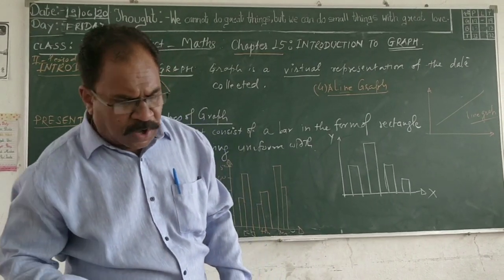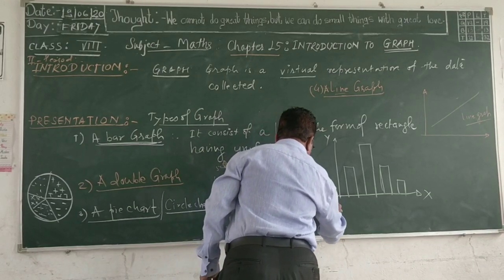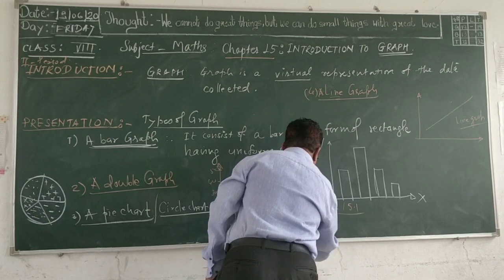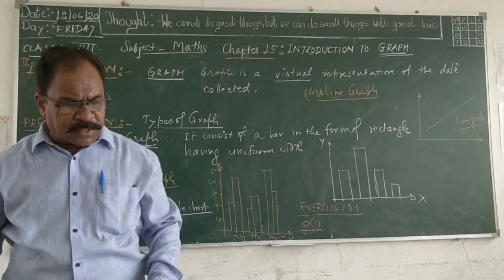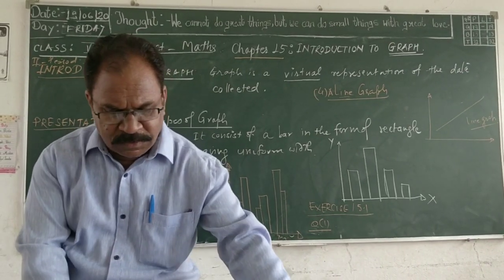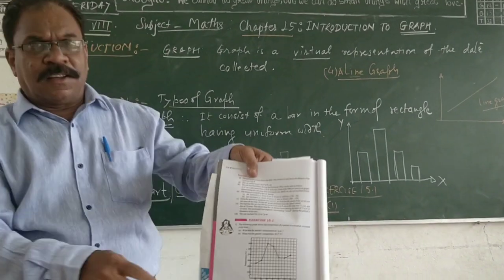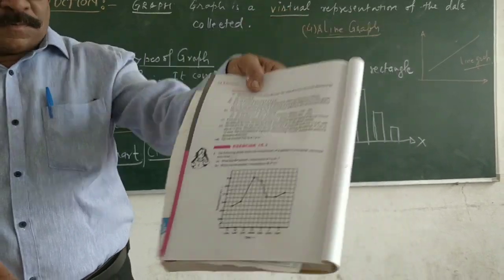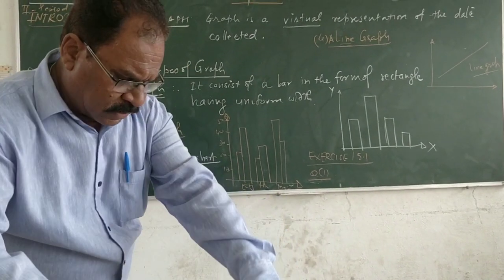Exercise 15.1. Question number 1. In question number 1, the graph is given. Everybody see the graph. This is a graph and some questions are asked.